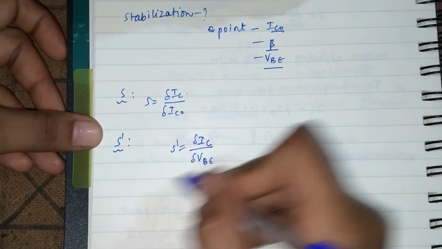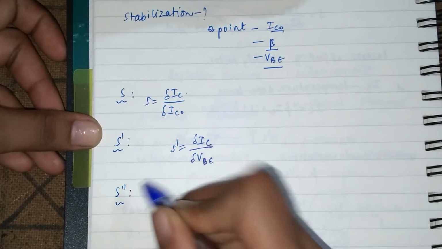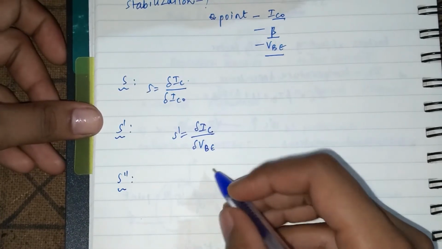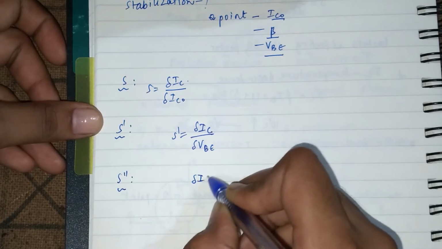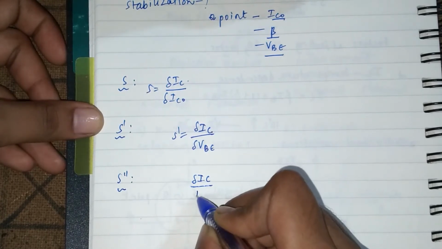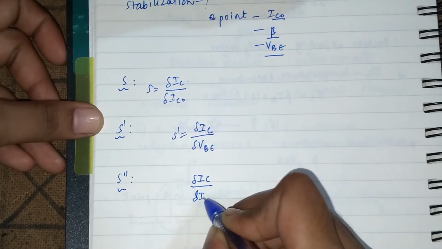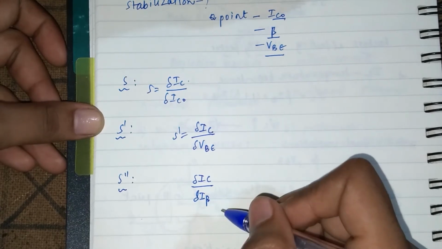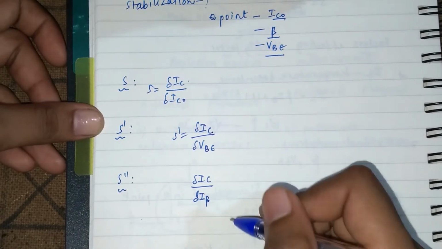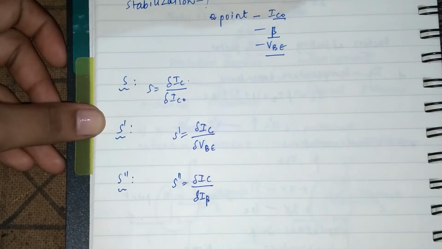Now talking about the stability factor S double dash, it is the rate of change of collector current IC with respect to beta, delta IC by delta beta, at constant values of ICO and VBE, and is called stability factor S double dash.